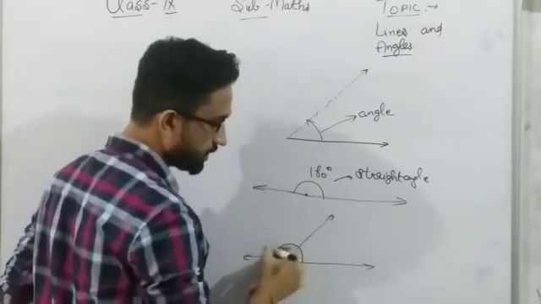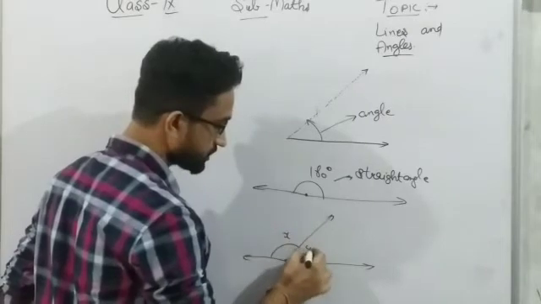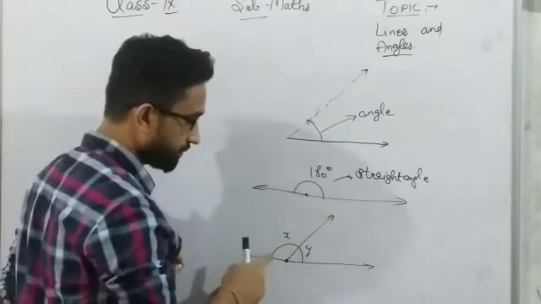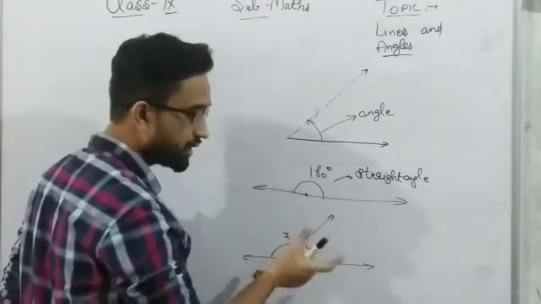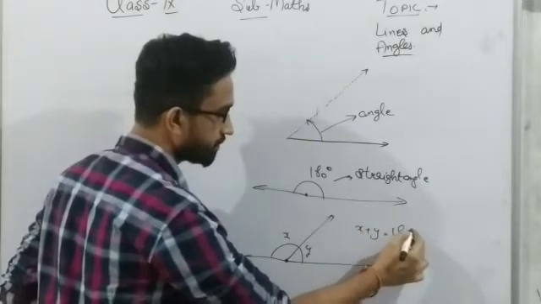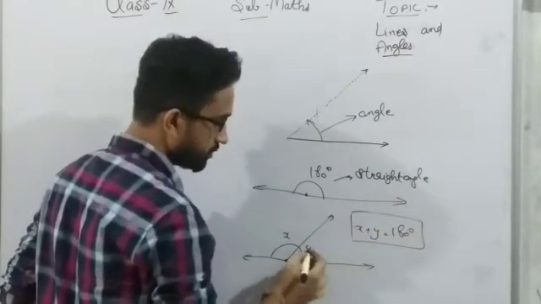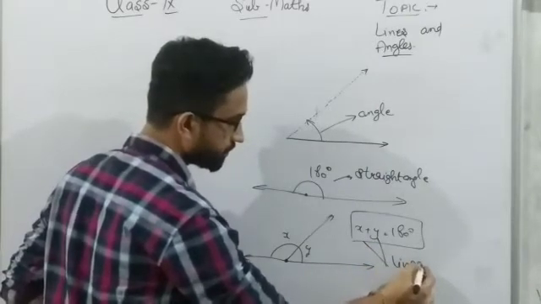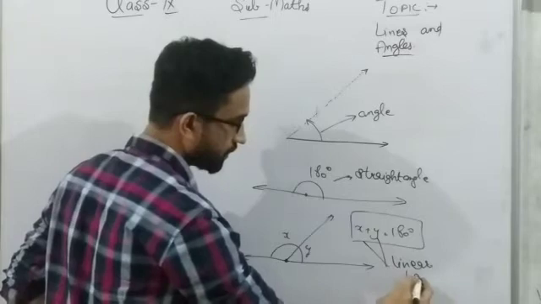Now this full 180 degree is getting divided into these 2 parts. Let's say this is x and this is y. Then I will say that these both are making a pair. I can say x plus y is equal to 180 degree. So we call this x and y a linear pair, right?